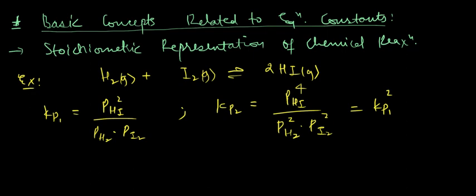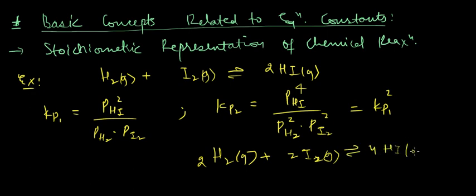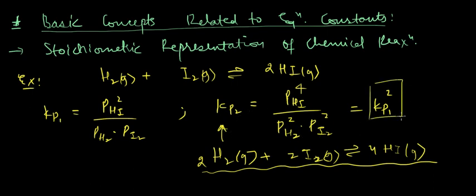So when will Kp2 come into the picture? Suppose we have 2 moles of H2(g) and 2 moles of I2(g) reacting to form 4 moles of HI(g). In that case, the equilibrium constant, or Kp2, would be defined as this, which is nothing but Kp1 squared.